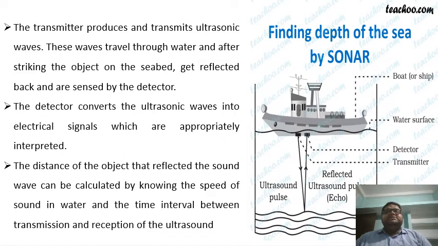Once the detector senses these sound waves, it converts them back to electrical signals, which are interpreted by computers. So the distance of the object that reflected the sound waves can be calculated by knowing the speed of sound in water and the time interval between the transmission and the reception of the sound.